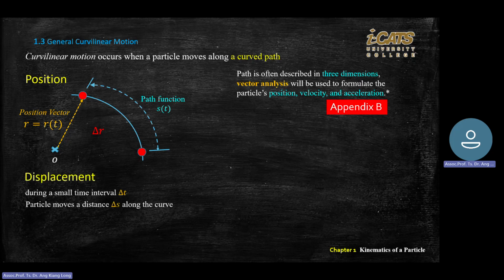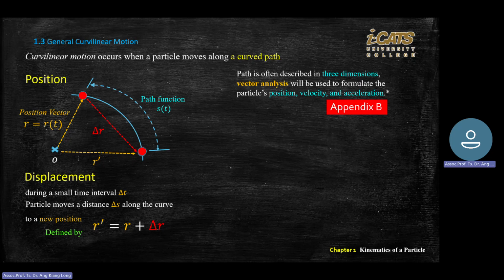Displacement, how do we define displacement? Displacement is delta R, which is the movement from R to R prime. The first position is R from the center, the second position is R prime, and the difference between them we write as delta R. What is important is the arrow: it points from the original position to the last position.